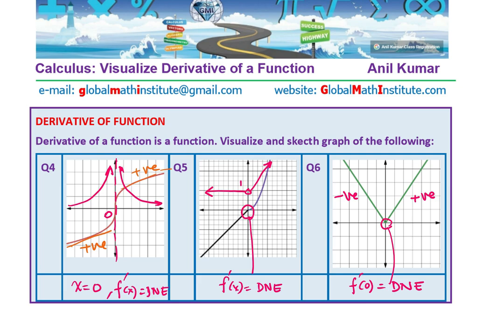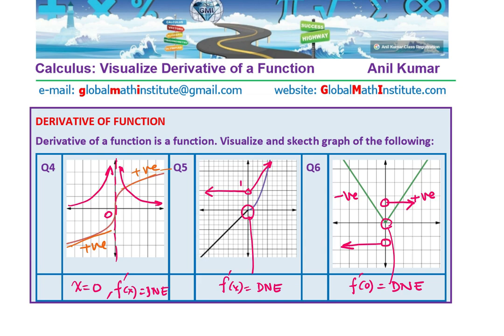So we can now show that the derivative could be, let's say, a value which is negative on the left side of the y-axis, right? And is positive on the right side of the y-axis. So that is how we are going to get the graph of the derivative of the given function in this particular case.